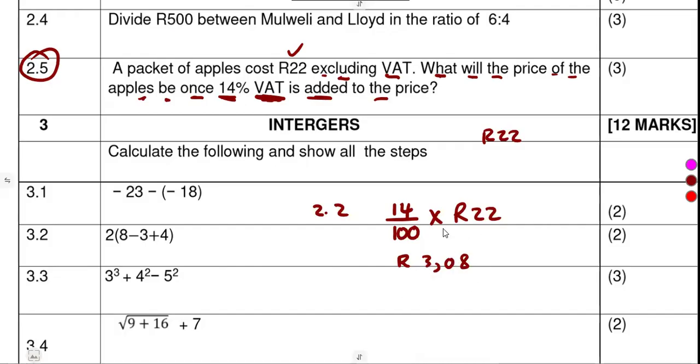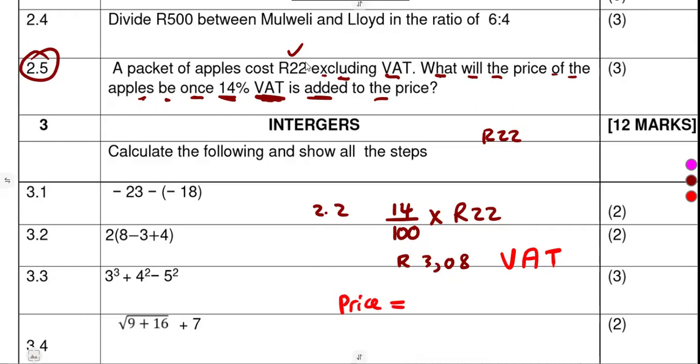This is our VAT, the value added tax, supposed to be added. Remember, it was not there in the first place. So what is going to be the price now after we have added this tax?